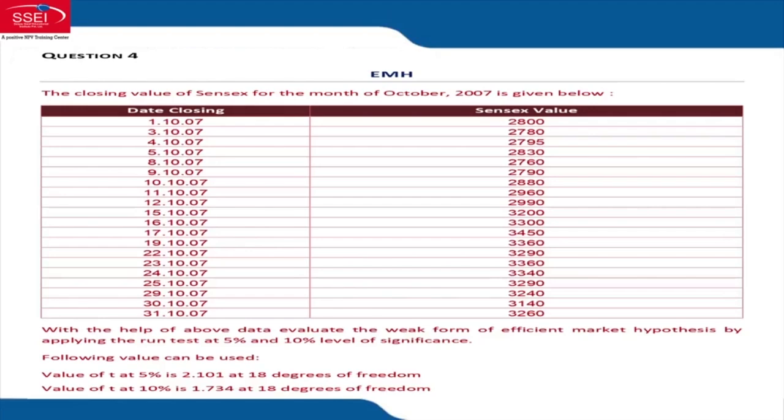From the question it's apparent that there would be 18 degrees of freedom because the value of T is given only at 18 degrees of freedom. So whatever test statistic R we calculate, if it comes to be more than the critical value, that is 2.101 or 1.734, in that case the market would be inefficient.